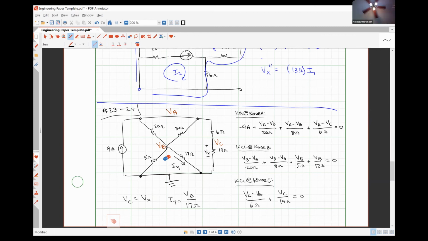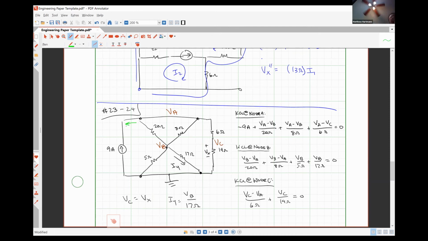I chose the bottom just because that's kind of my default setting. I'm applying Kirchhoff's current law at all of the non-reference nodes. And so, for instance, in my KCL equation for node A, I am adding together the following currents.